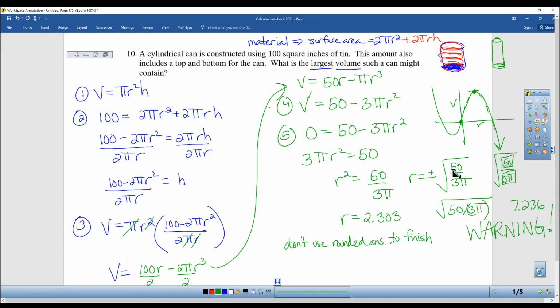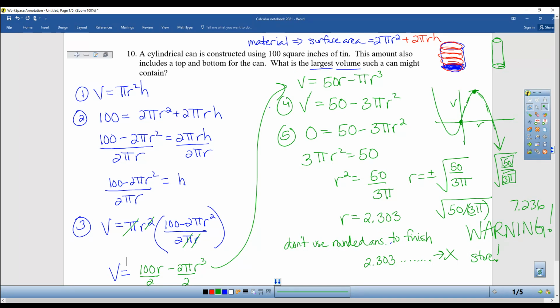So since you have the square root of 50 over 3 pi, you must have typed that in your calculator to get to the 2.303. So whatever the complete number is, 2.303, blah, blah, blah, hit store as X. And once you store it, then you're capable of going back and finding the volume.